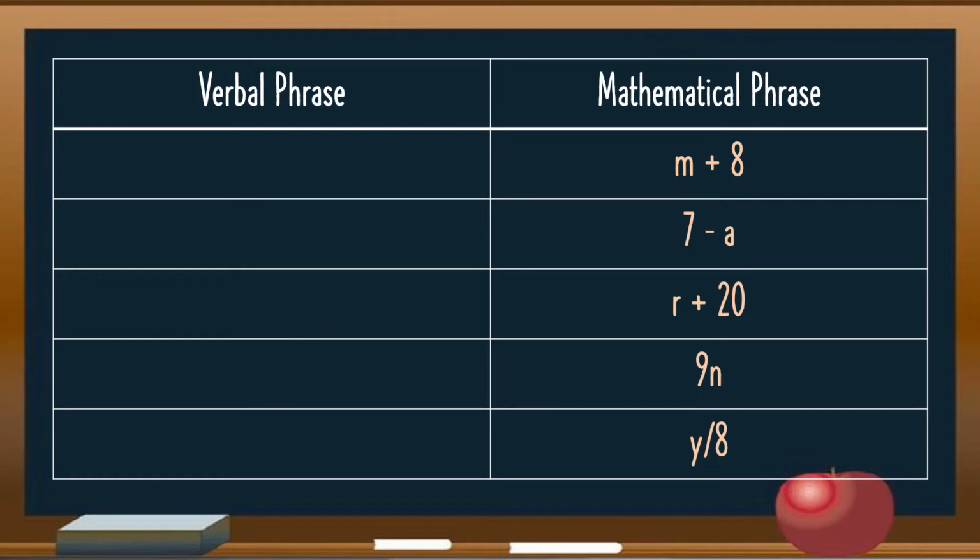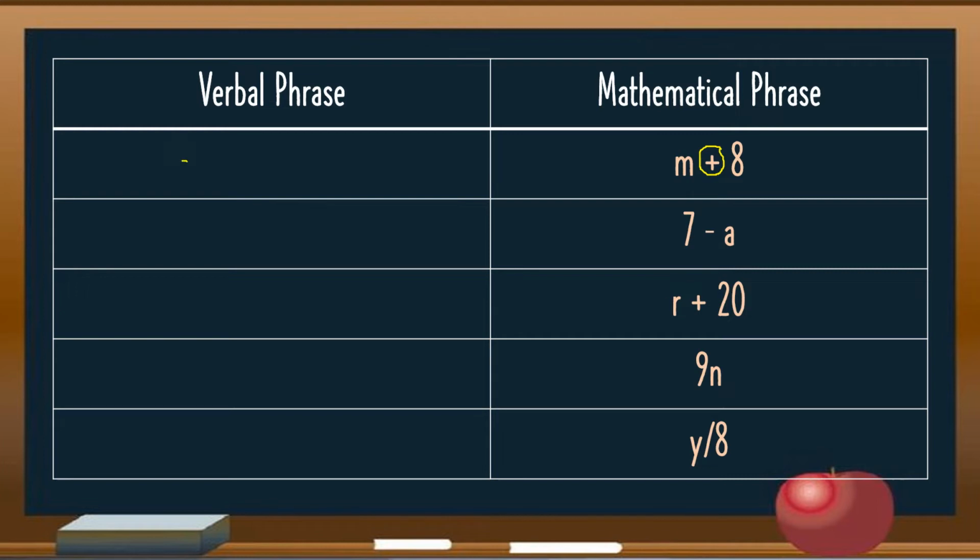This time, ang given ko naman is yung mathematical phrase, then ito naman yung gagawin nating verbal phrase. So sa number 1, the operation is addition. Okay, marami tayong pwedeng ipalit kay addition. We can have many words to use to represent addition. If I am going to choose, ang gagamitin ko is yung salitang added to.